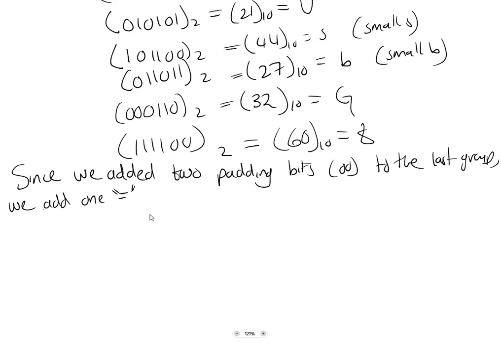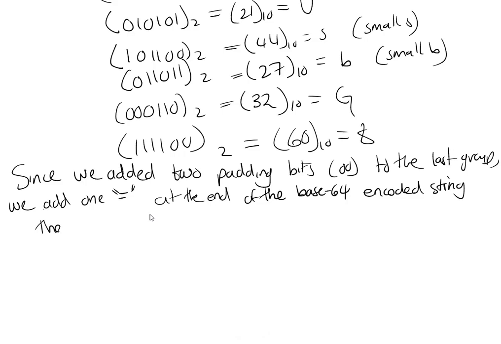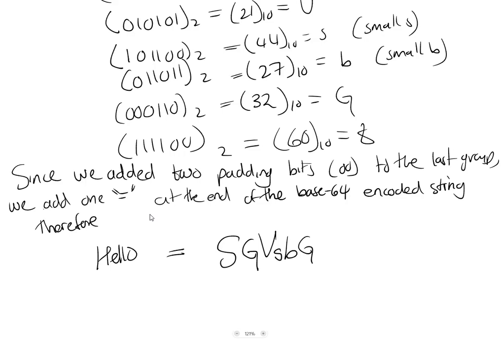We should add 1 equals sign at the end of the encoded string. Okay, therefore, hello becomes, when you convert it to base 64, it becomes S, G, V, small s, small b, capital G, big, oh well, 8 is an 8, and then the equals sign. Okay, that's how you do it.